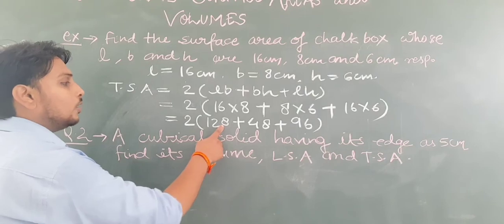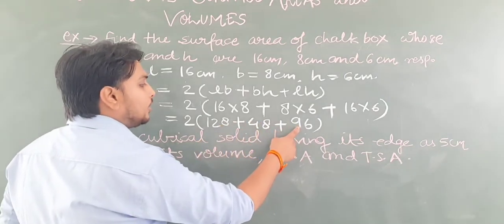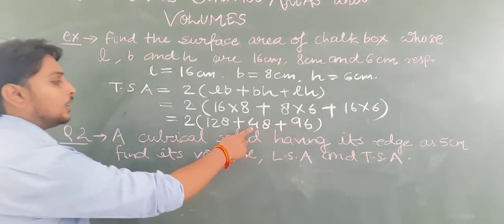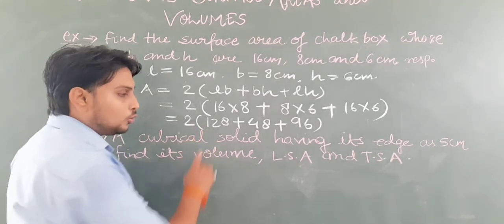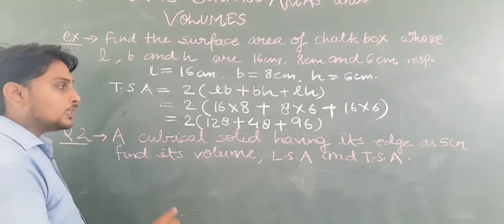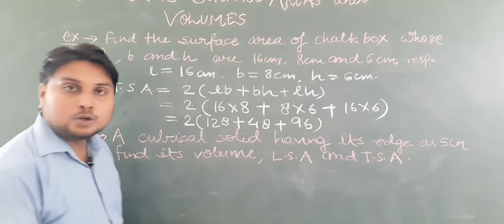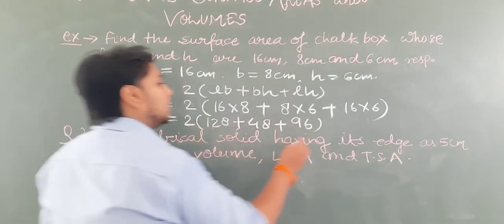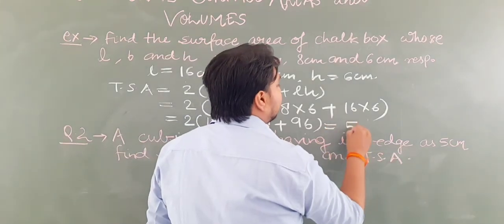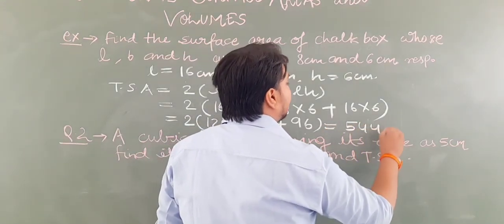Then we will add these: 6 and 8 are 14, 14 and 8 are 22, carry 2, 9 to 11, 11 and 4 are 15, and 15 to 17, 7 carry 1, and then 1 and 1 are 2. So basically it is 272. So 272 multiplied by 2 will be 544.